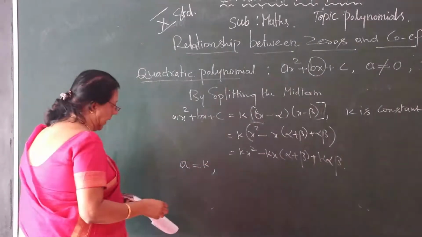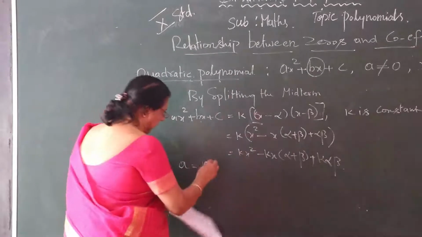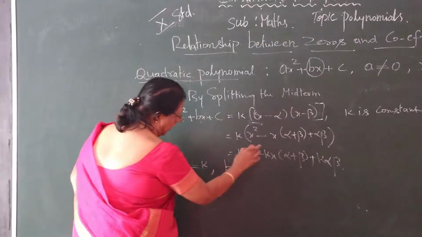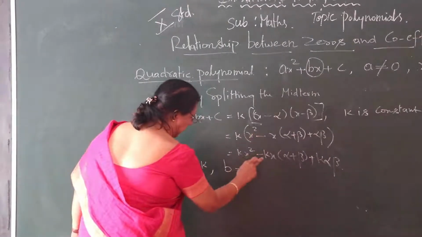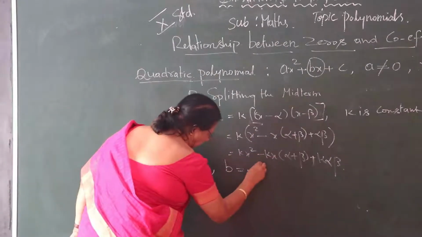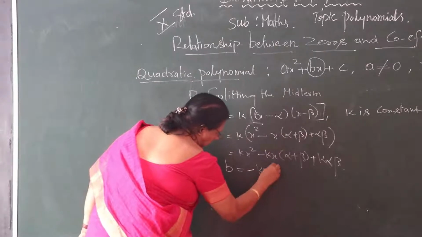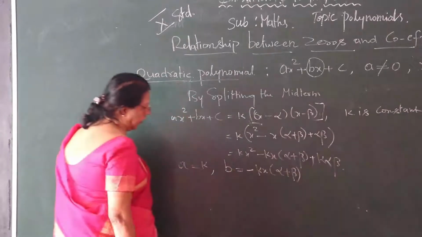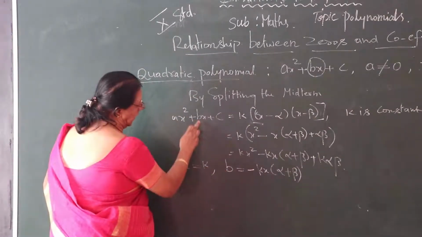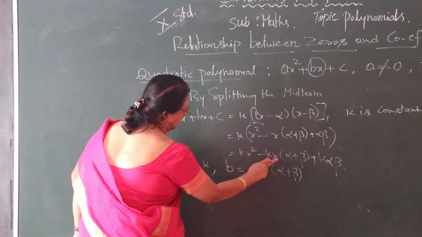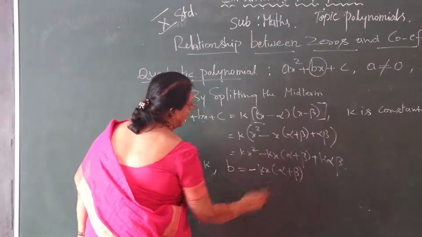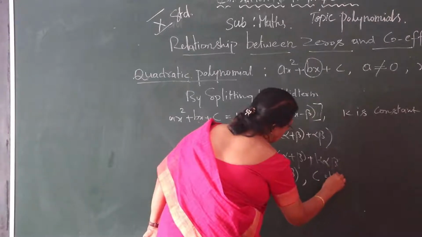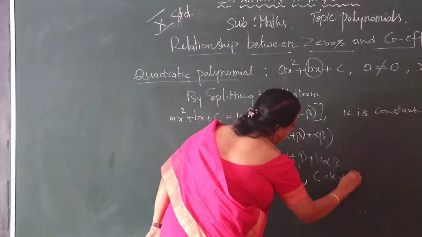Now what is b equal to? Here b is equal to minus k times alpha plus beta. Followed? So b is equal to minus k alpha plus beta. c is equal to k alpha beta.